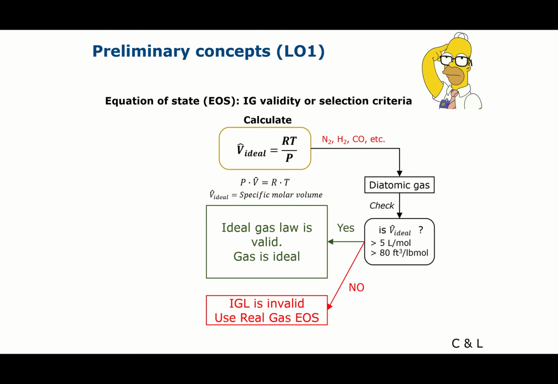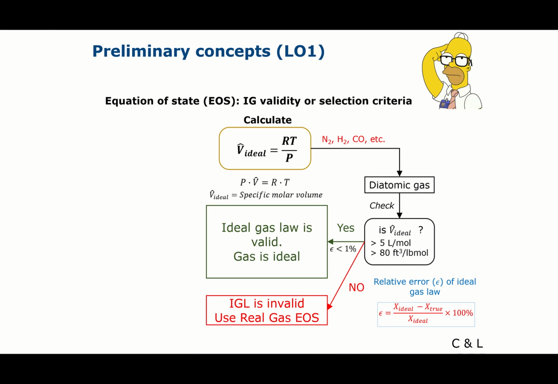Because if the specific molar volume for diatomic gas is greater than 5 liter per mole, in that case, if we use ideal gas law or the real gas laws, the difference would be less than 1%, or the relative error between both equations would be less than 1%, which is negligible.